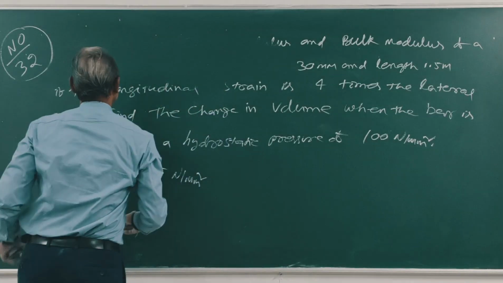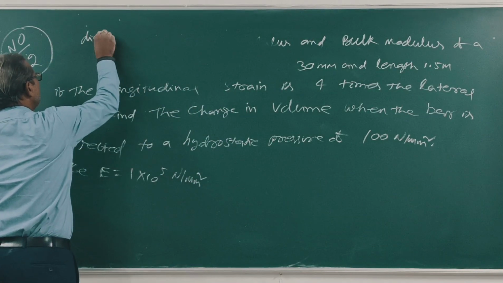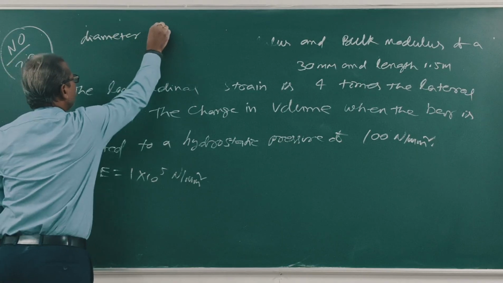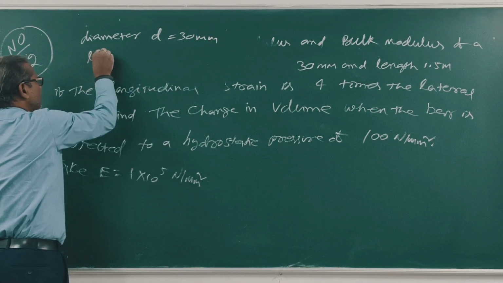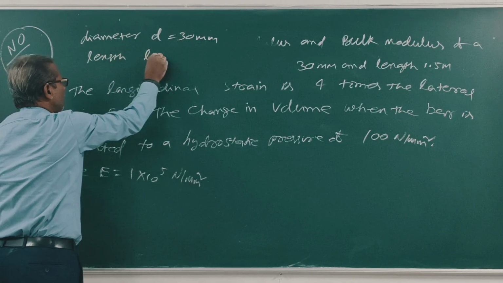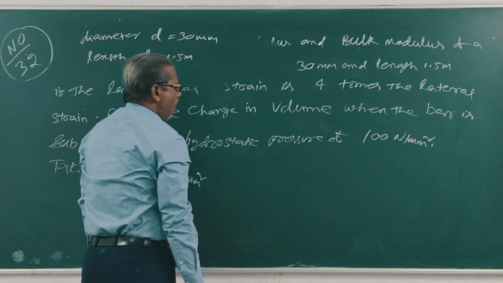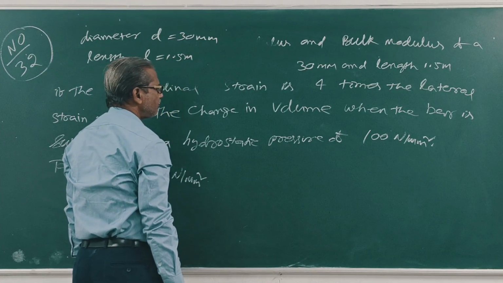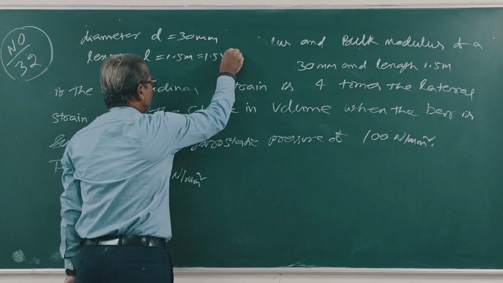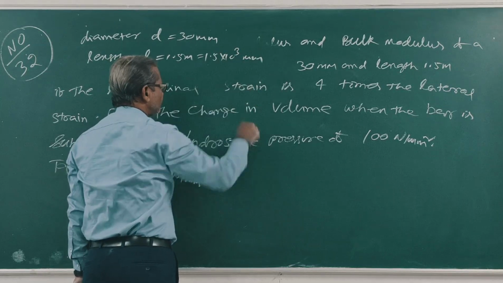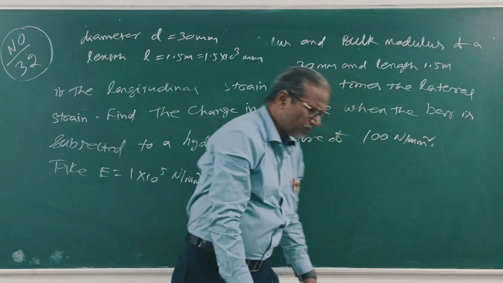So diameter D is equal to 30 mm, length L is equal to 1.5 meter. So 1.5 into 10 to 3 mm, right? This is length and diameter.